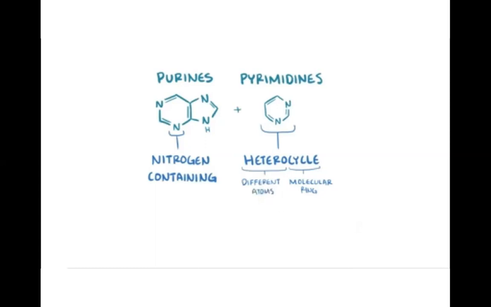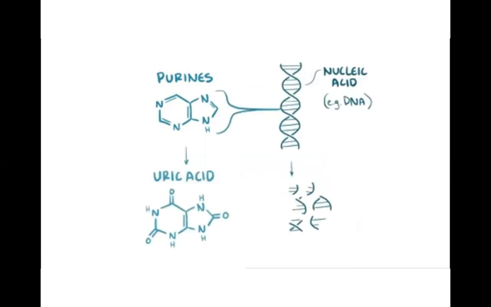Purines along with pyrimidines are the key components of DNA and RNA. That is, nucleic acid is formed of purines and pyrimidines. When nucleic acid breaks down, it releases free purines. These purines will finally be converted into uric acid.